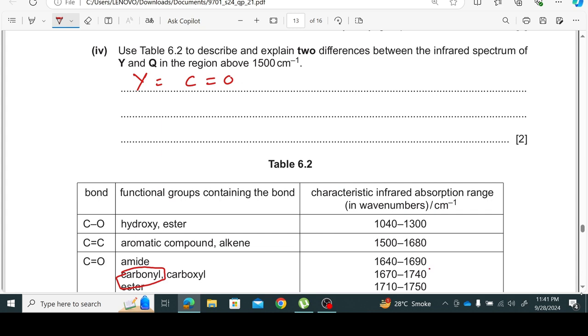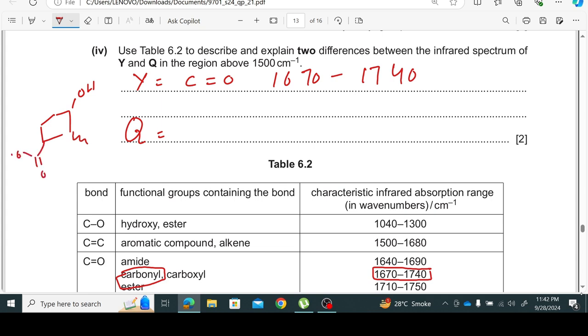It is 1672 to 1740. Understand? And what about your Q? Q is given with a hydroxyl group. It contains a hydroxyl group instead of C=O. So in Q you have an OH group.